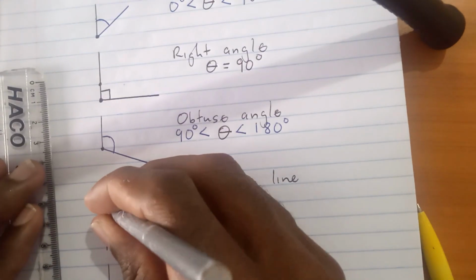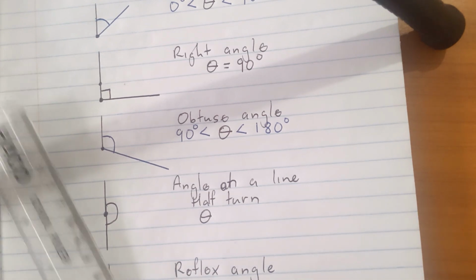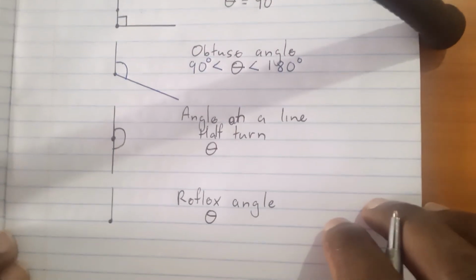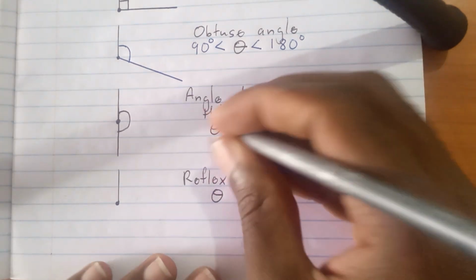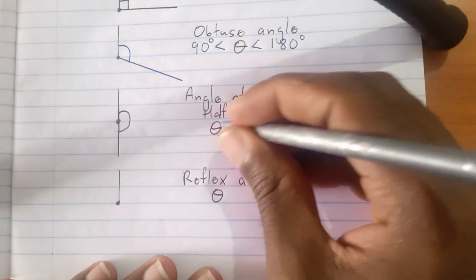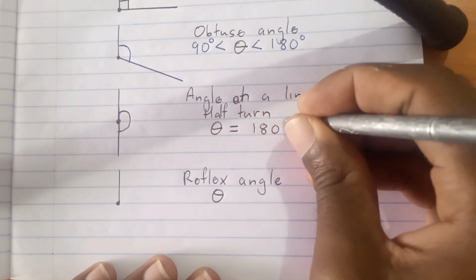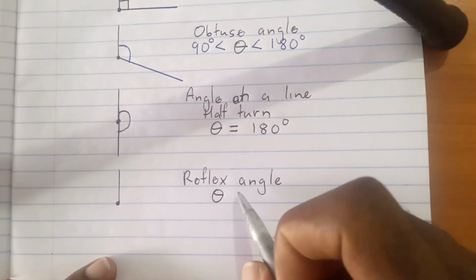That is an example of half a turn, angles on a line. So we say the angle at a turn on a line is equal to 180 degrees.